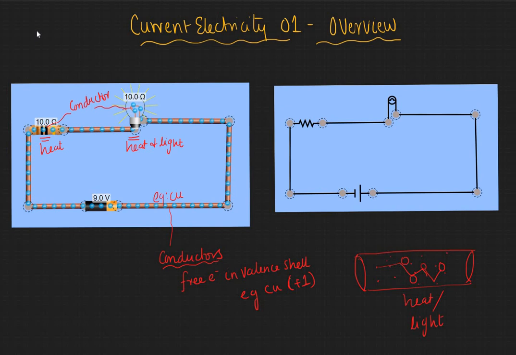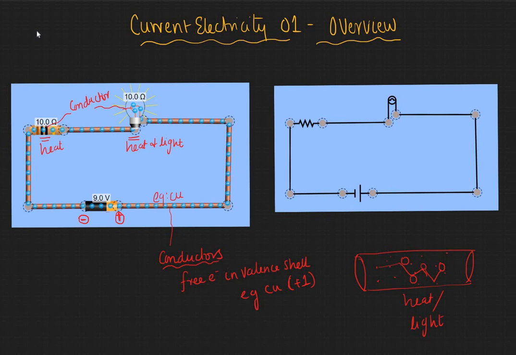Now what makes these electrons move is the electric field, and that's where the battery comes in. In a battery, due to a chemical reaction inside the battery, one end has a deficiency of electrons, which is what you represent by plus, and the other side has an excess of electrons.